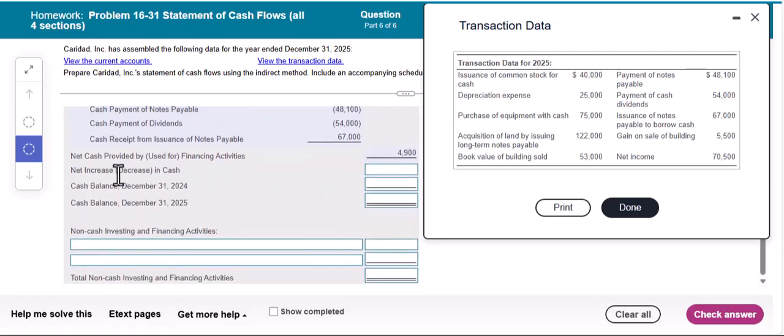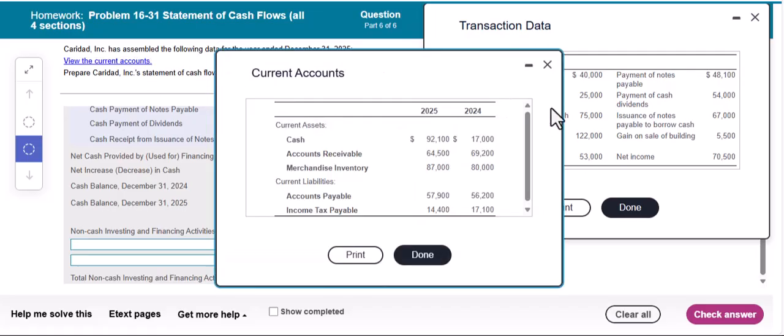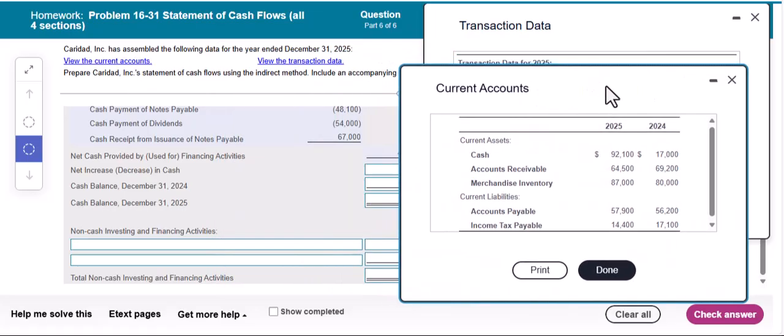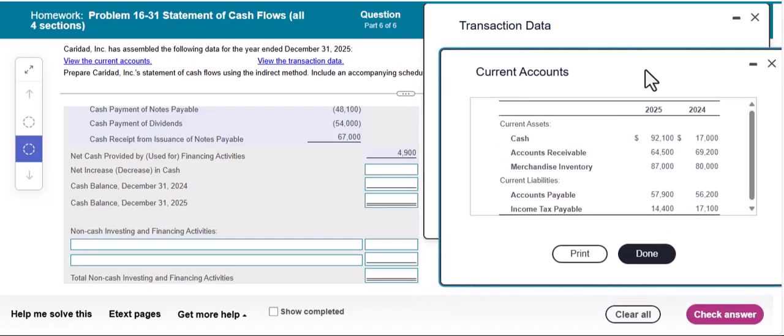So we have net increase, decrease in cash. And there are two different ways to calculate this. We can go ahead and open up the current accounts here and see what that difference in cash is from the 17,000 to this 92,100, and that amount will be 75,100.